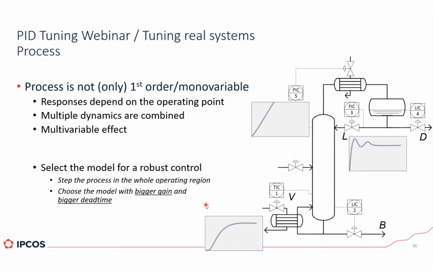So that will make, in the end, the controller respond slower for different conditions, but in the end, it will give us a more robust control. What you can also do, if the model changes a lot from one operating point to the other, is use gain scheduling blocks, so you can have two different tunings for different operating points, for example. Okay.